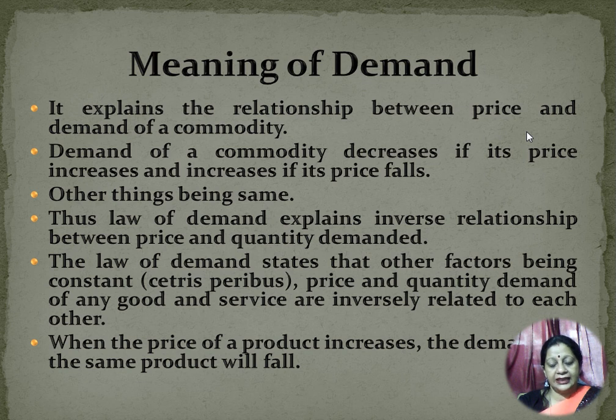If price decreases, demand of the product increases. So you can say that there is an inverse relationship between the price and quantity demanded of the commodity. This helps in depicting the law of demand, which helps in maintaining the demand and supply of a commodity in the market.